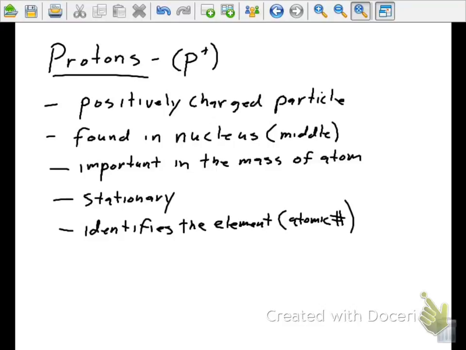It's some other element. And it actually gives a lot of the properties to the atom. If you look at what gives properties to certain atoms, it's the protons that probably have a high impact on that characteristic.